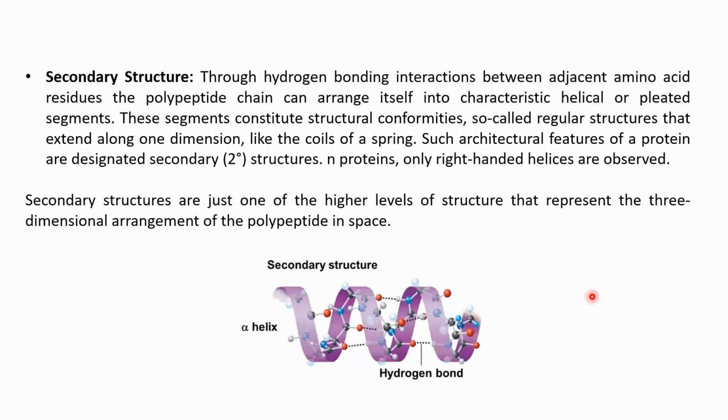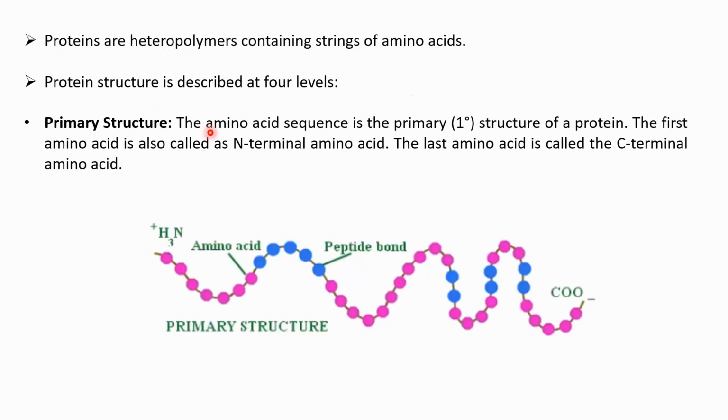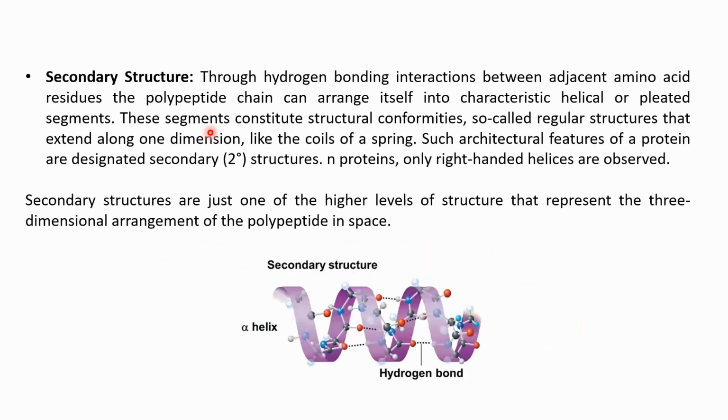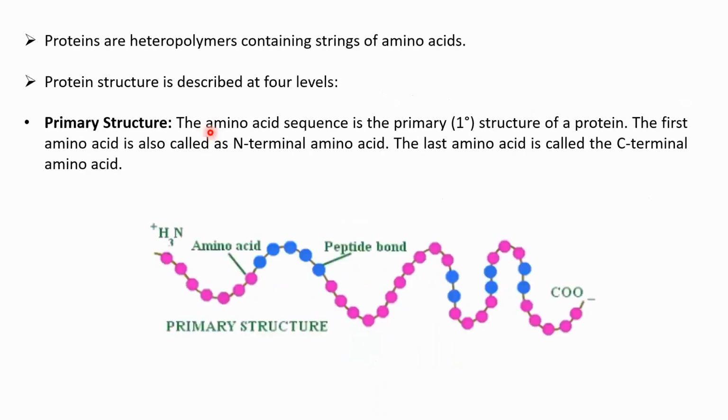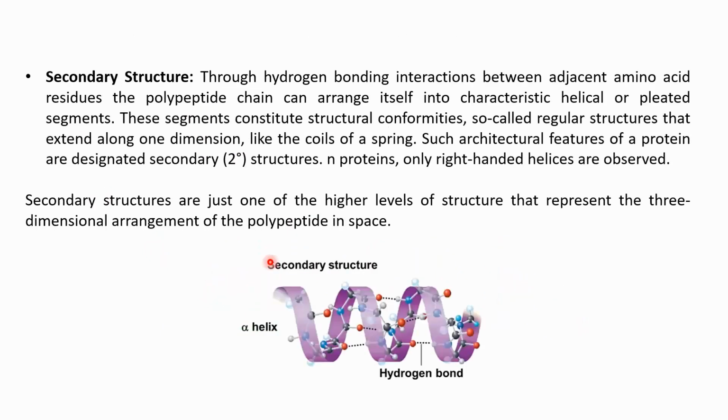If I talk about the secondary structure, in the primary structure the only bond present is the peptide bond between the different amino acids. But when other bonds form between the amino acids, it may lead to more complex levels. So the secondary level is the secondary structure formation.